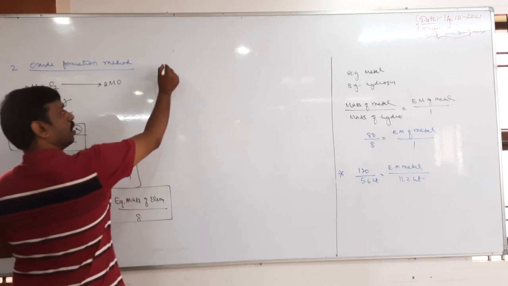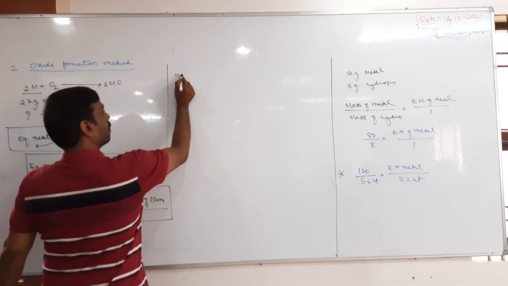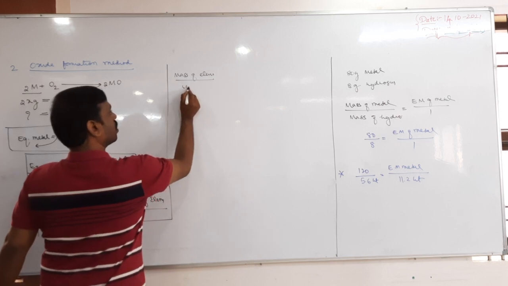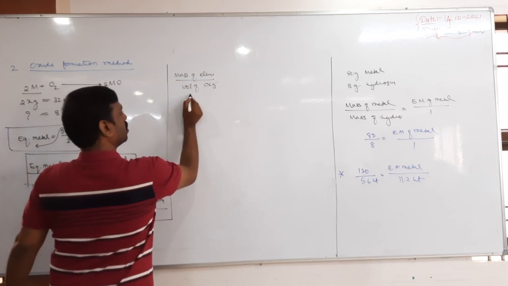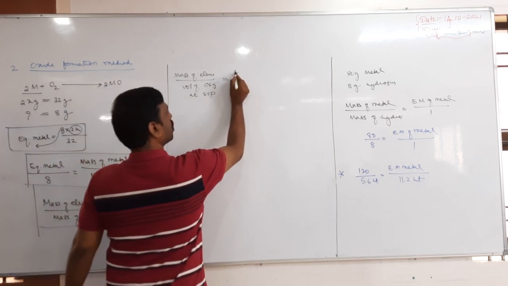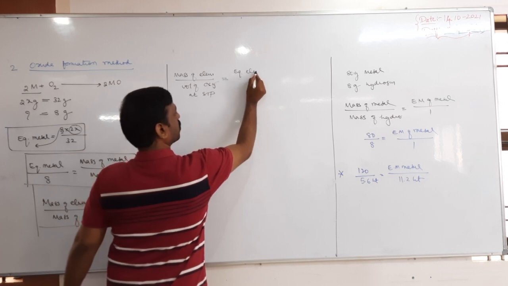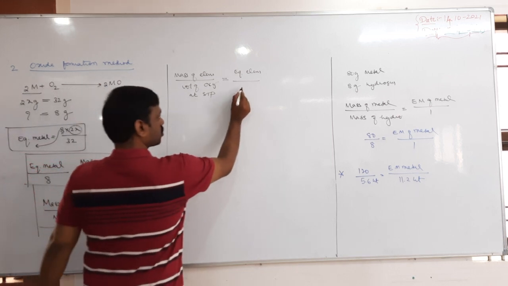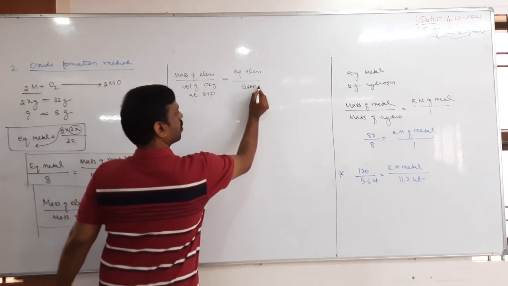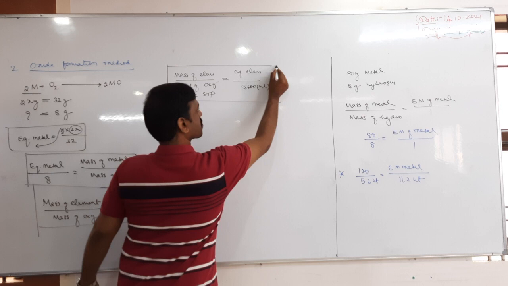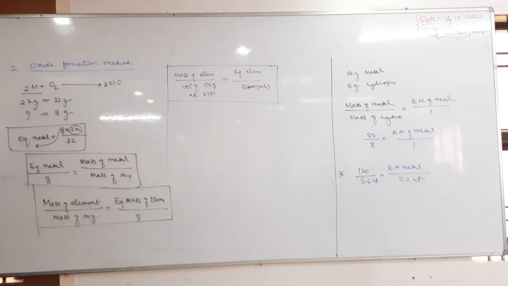Then mass of element divided by volume of oxygen, it should be at STP, is equal to equivalent mass of element divided by, what is the equivalent volume of oxygen? 5600 milliliter. It is the oxide formation method. Take it down.